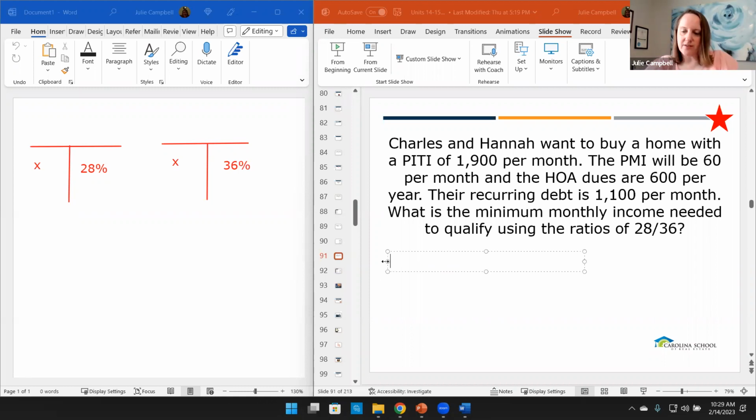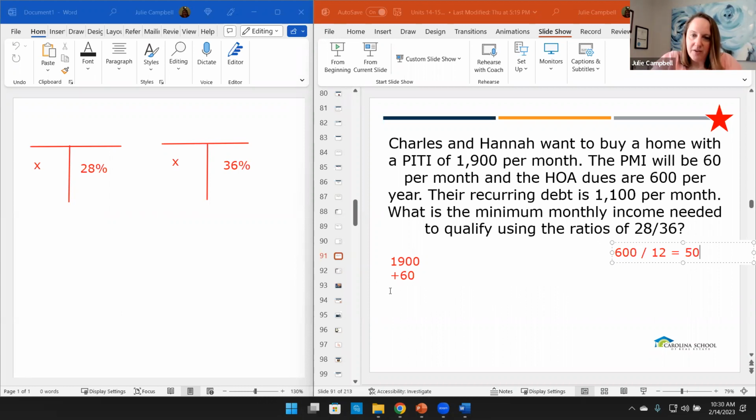So the problem tells us they have a PITI of $1,900 per month. They have a PMI of $60 per month. And then it gives us the annual HOA dues. Do we want to work with an annual number? Never when qualifying a buyer. So we need to take our annual HOA dues and divide them by 12 to get our monthly.